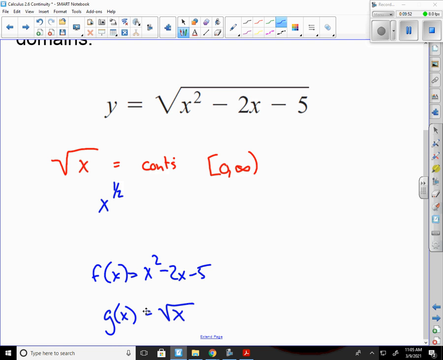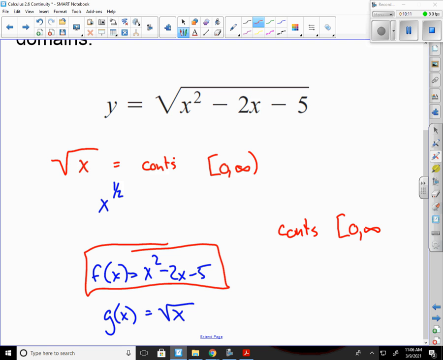So I just showed why the square root works, and then f of x is just a polynomial. And all polynomials are continuous. So this function would be continuous on the interval from 0 to infinity.